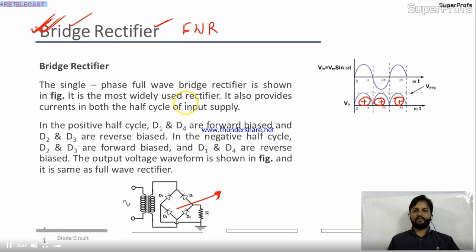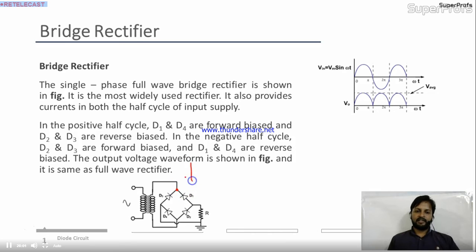At the input stage in the primary, you applied the input. There is no center tap. The function of the center tap is replaced by this bridge over here. So the entire input you will get in the secondary stage.